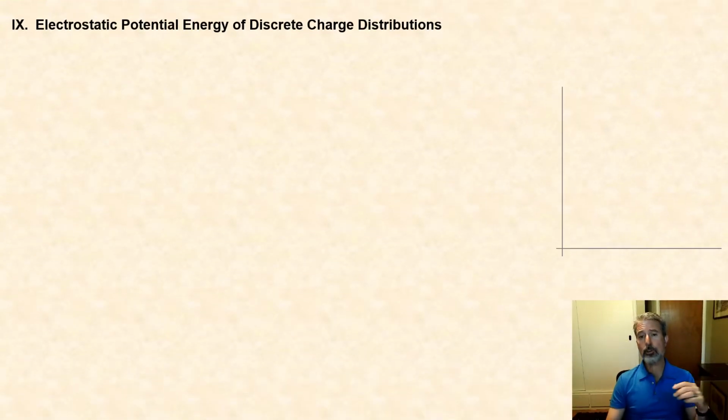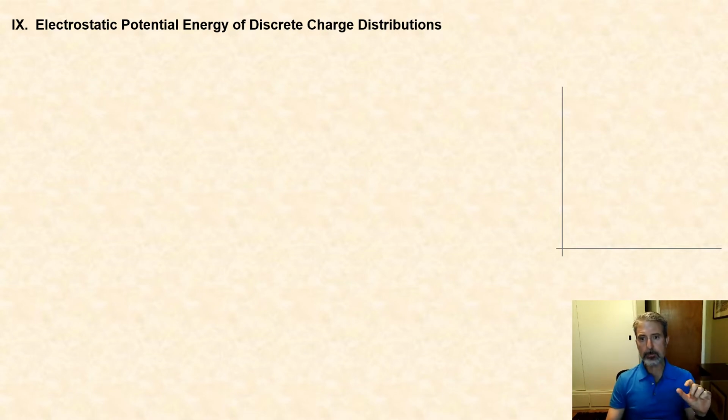To finish off our unit on electric potential, we will cover the following three topics in part 3 of this presentation. First, we'll talk about the potential energy of a discrete charge distribution, how to calculate it, of course. Secondly, we'll explore how to calculate electric fields when the electric potential is known or given to us.